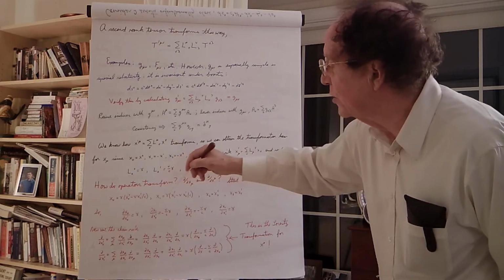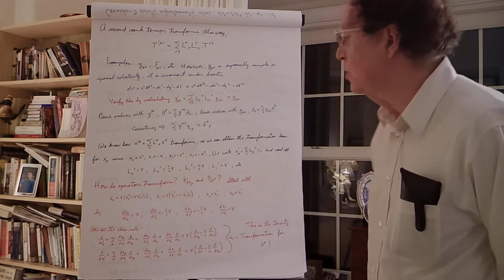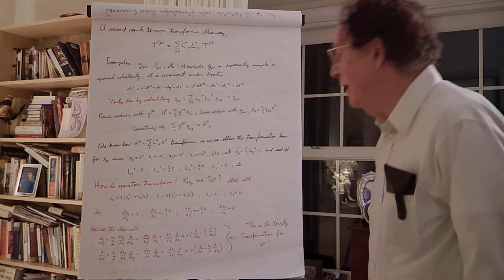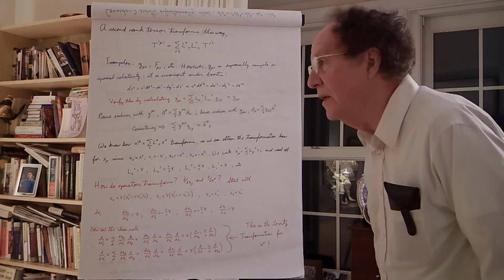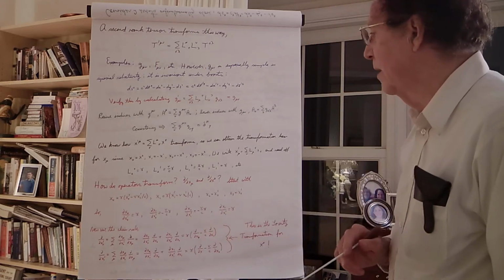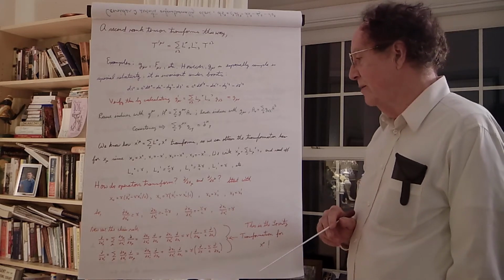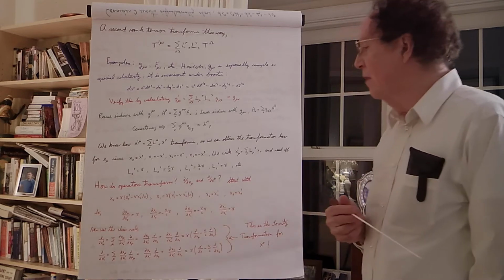So I apply the chain rule to write the derivative with respect to x0 prime in terms of the derivatives in the frame S. And I've just written down the chain rule for that, right there. So remind yourself of that if you're rusty on that.